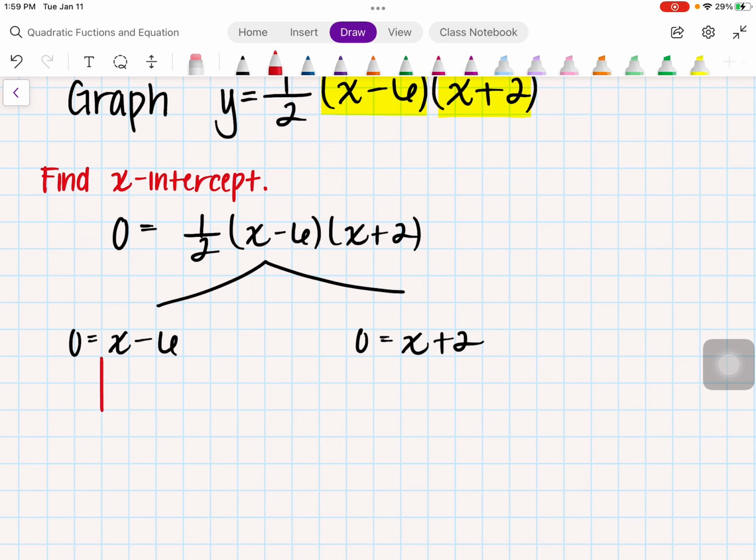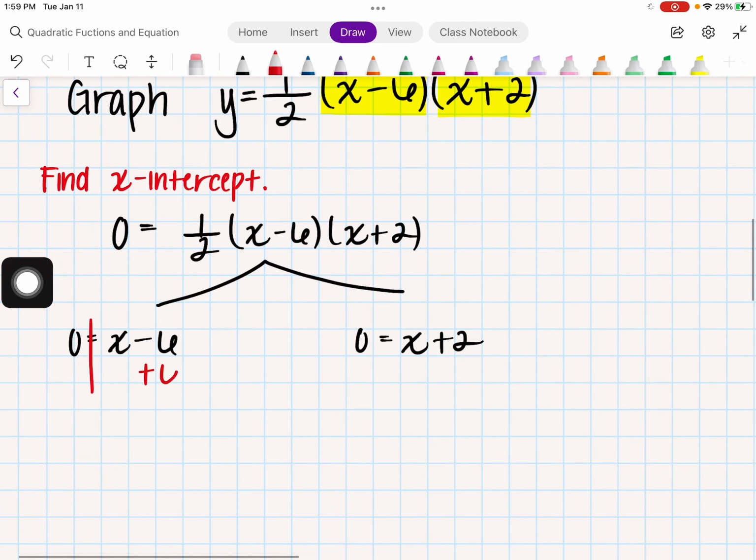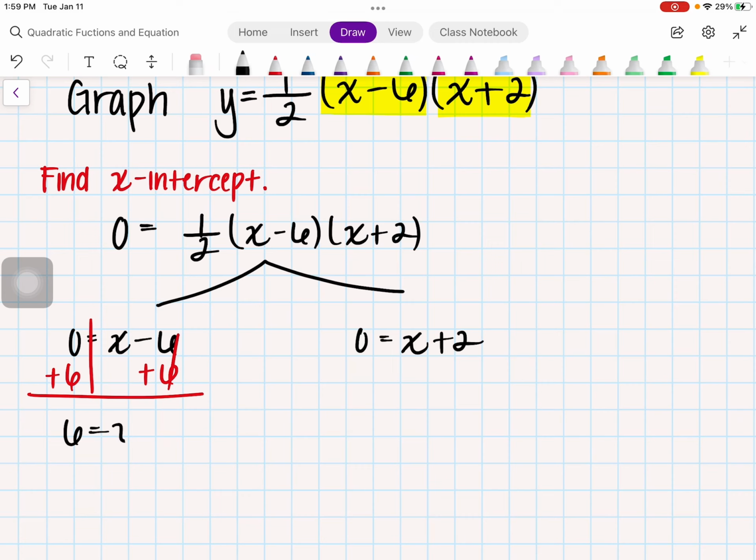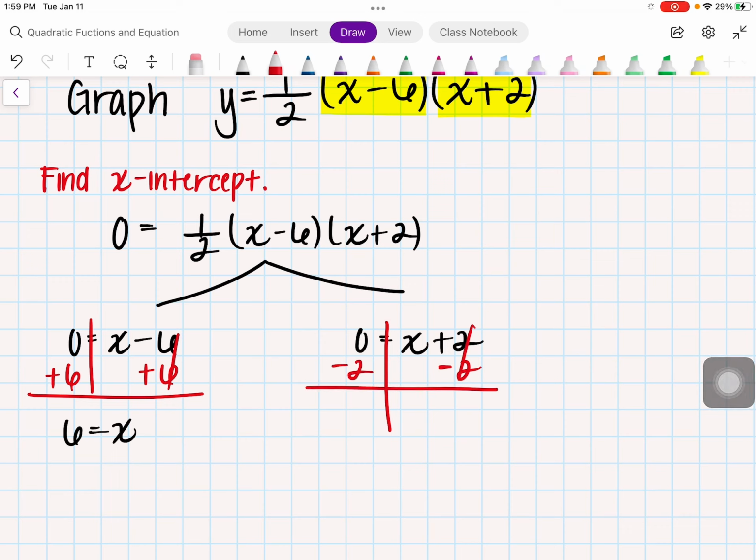All right, so we want to solve for x here, guys. First thing I want to do is do the opposite with the minus 6, so add 6 to both sides. In this case, we have x equal to 6, or 6 equals x, same thing. Now, I am going to do the same thing on the other factor.